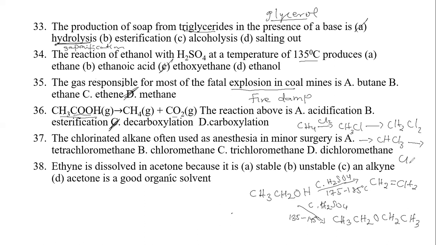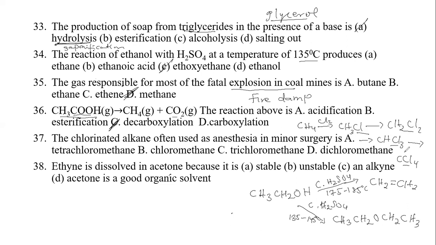The chlorination of methane produces those four compounds: monochloromethane, dichloromethane, trichloromethane, tetrachloromethane.